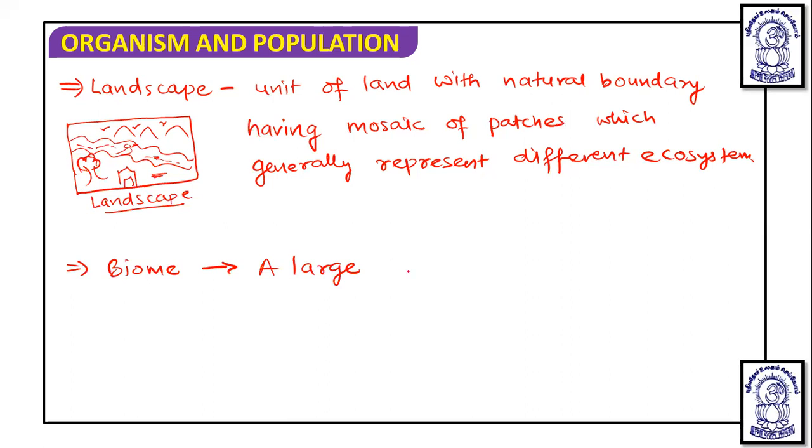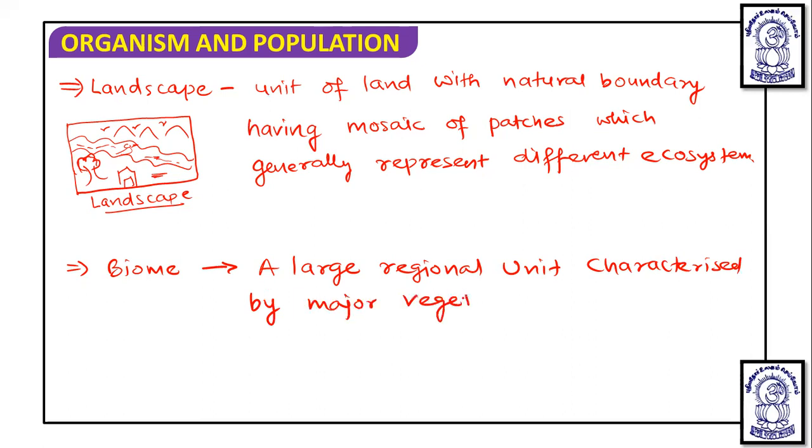After the landscape, the biome forms by a combination of different landscapes. A biome is defined as a large regional unit characterized by major vegetation type and associated fauna found in a specific climatic zone.